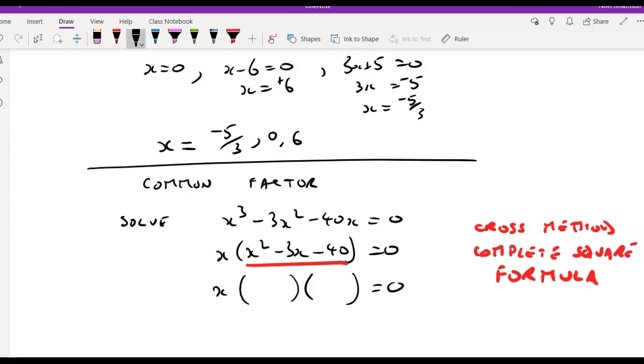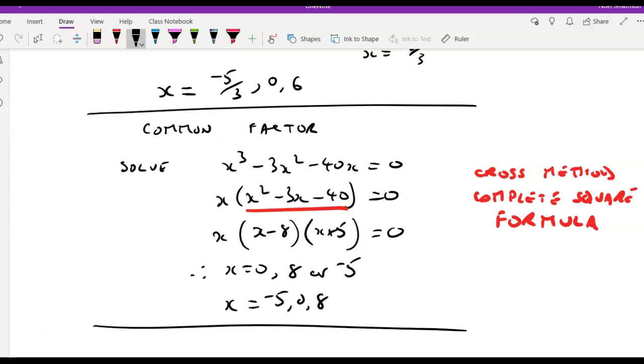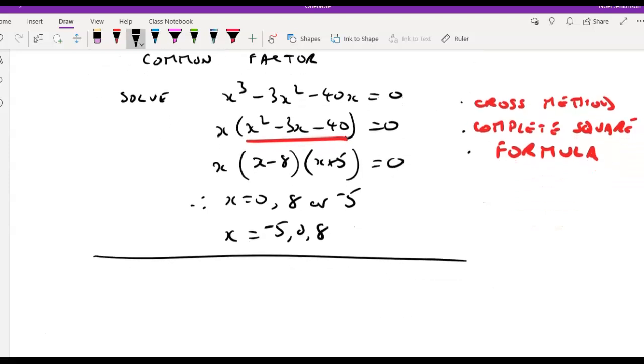So I would use negative 8 and plus 5. Multiplies to minus 40, adds to minus 3. Therefore, x equals 0, 8 or minus 5. I'd probably put them in order: minus 5, 0, 8. Just a little bit of revision there. You can do all sorts of techniques once you get down to the quadratic factor.